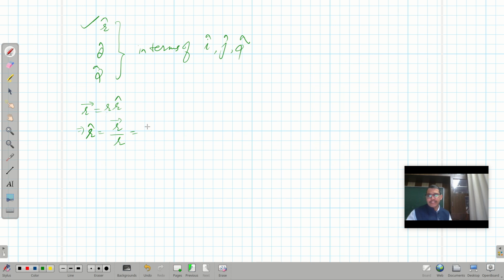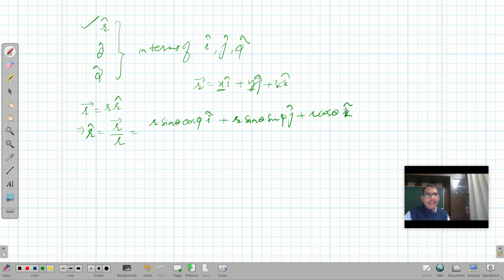So what is the r vector in terms of spherical polar coordinates? We know that r is x i cap, y j cap and z k cap, so I am just putting in the values of x, y and z here. So it is r sine theta cos phi i cap plus r sine theta sine phi j cap plus r cos theta k cap, and the whole divided by r.